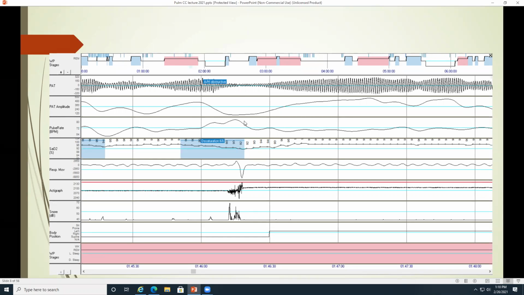So you kind of get this thing right in the middle here where like the PAT amplitude and the pulse rate kind of pinch together like that, along with the desat. Then you'll usually see some kind of movement on the actigraphy because the arousal that happens at the event, they usually move a little bit. And then they'll usually have a snore or like a choking noise they make that kind of appears on the snore channel. So this is a very classic looking obstructive event for this patient.